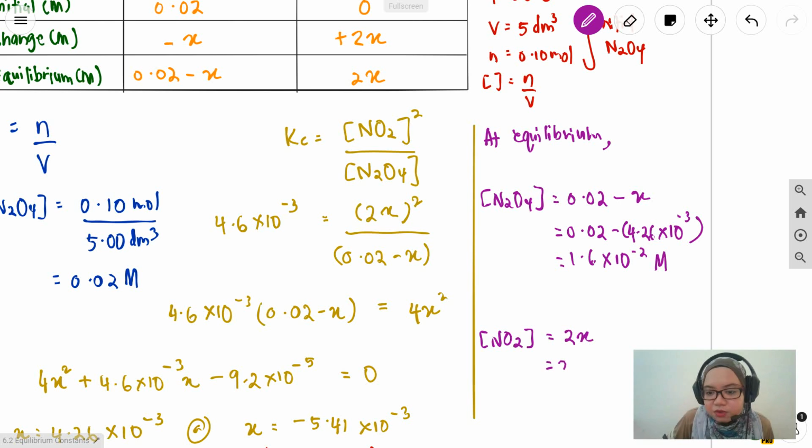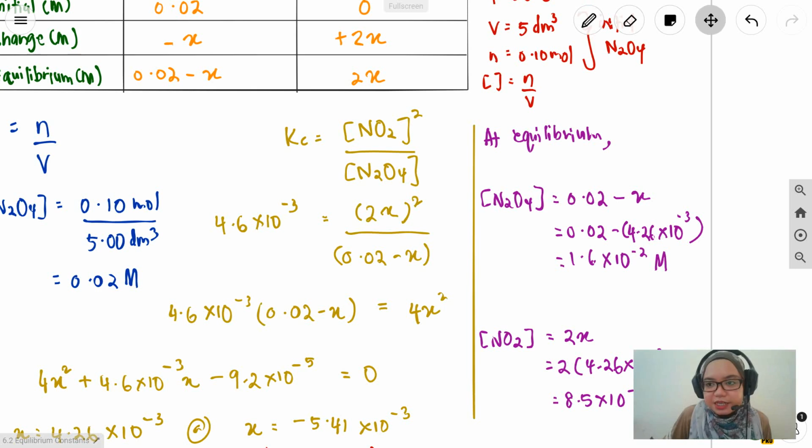So you will get 2 times 4.26 times 10 to the power of negative 3 will equal to 8.5 times 10 to the power of negative 3 molar. So this is the final answer for this question.